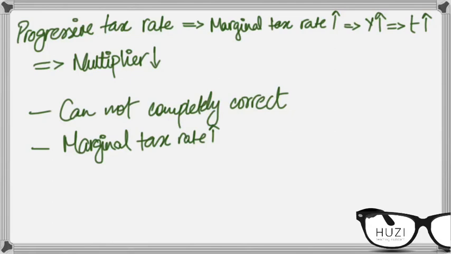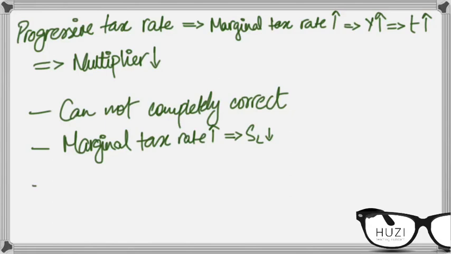This means that there's a risk that supply of labor also falls because, say, if you can earn the same amount of money by working fewer hours, you'll probably work fewer hours because of the higher tax rate with each rise in your income. Now you won't really be motivated to work.